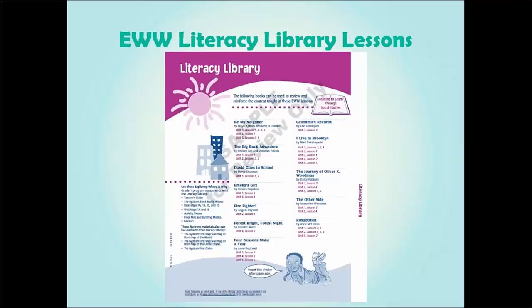It shows you which unit and which lessons you can teach with that particular book. It's kind of like a cross-reference. So the I Live in Brooklyn book can be used in 5 of the units with 7 different lessons. So this was a valuable little tool.